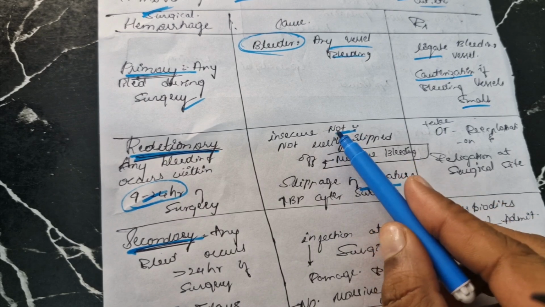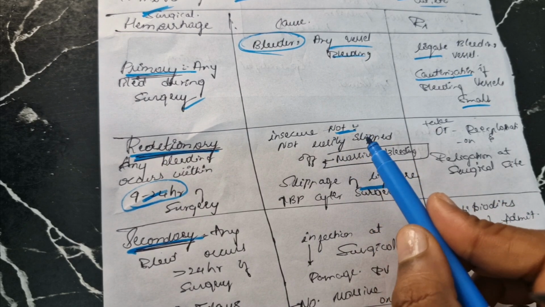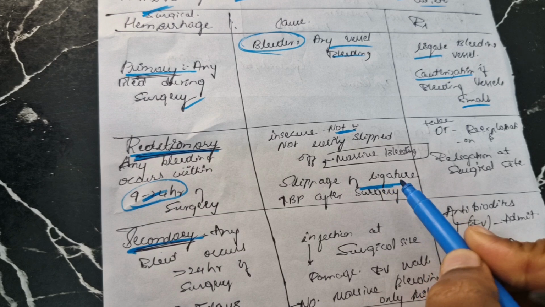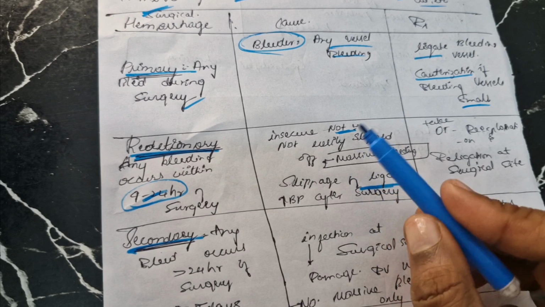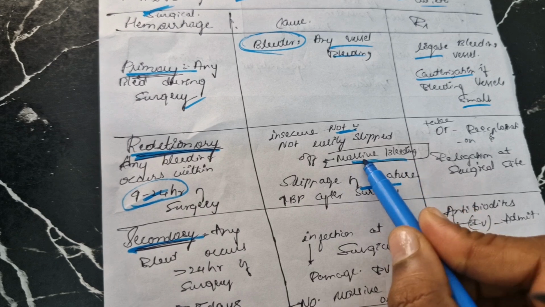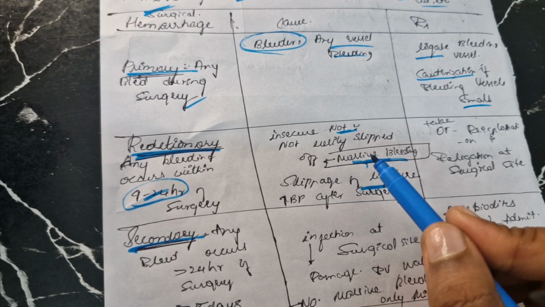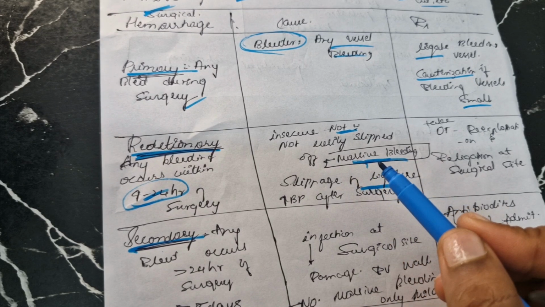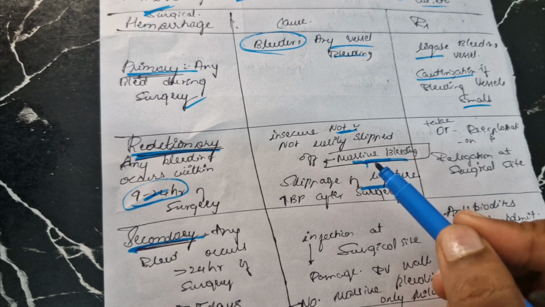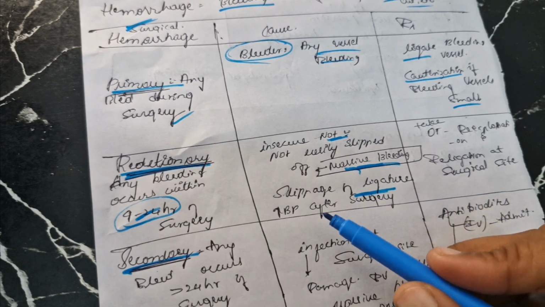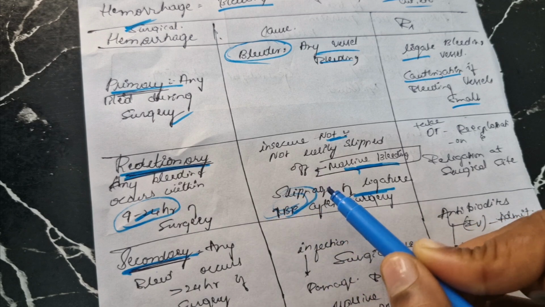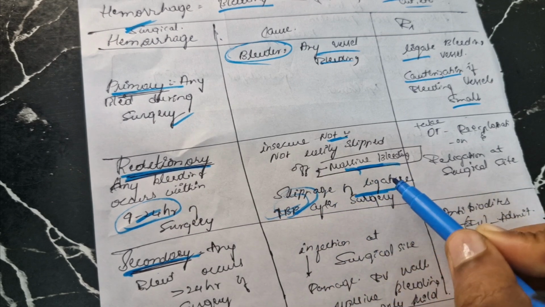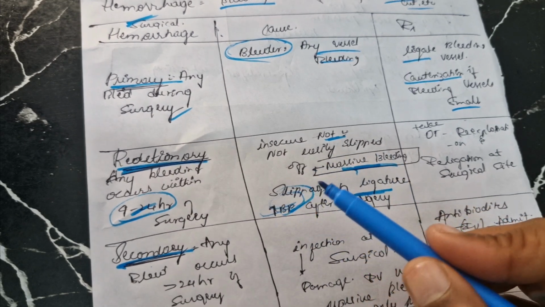If this knot is not secure, it will slip off, which causes massive bleeding, because during surgery the blood pressure is decreased so the blood loss is minimal, but after surgery the blood pressure increases when the anesthetic effect is lost. So there will be massive bleeding in reactionary bleeding.